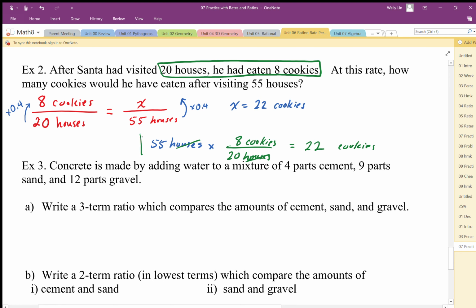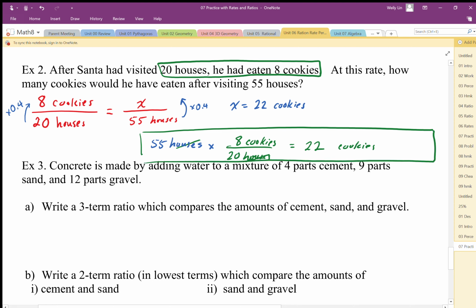And this strategy is called unit analysis, and this is one that we want to eventually get to. We always want to go back to this proportional equation if we're not sure, but if we get comfortable with this and understand this, we can start switching towards this strategy of unit analysis.